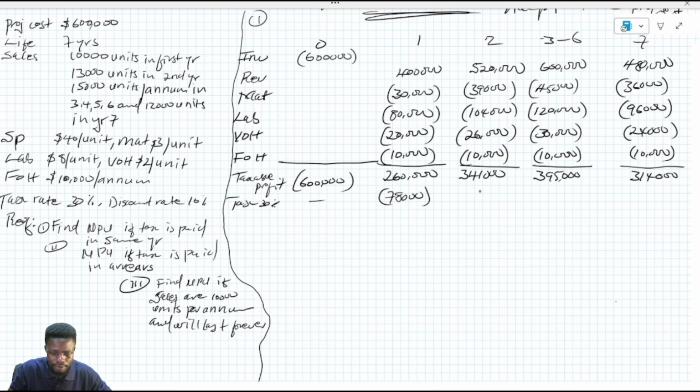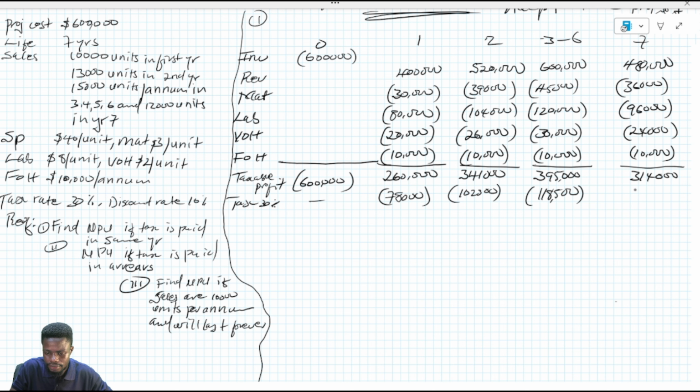And 30% of 341,000 will give you 102,300. Years 3 to 4, 30% of it will give you 118,500 tax.